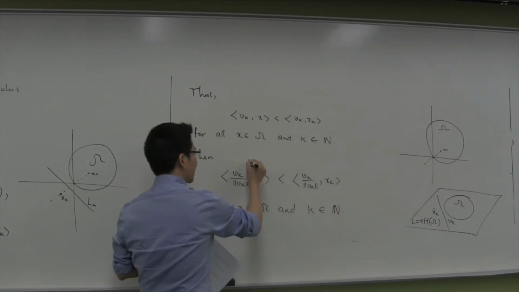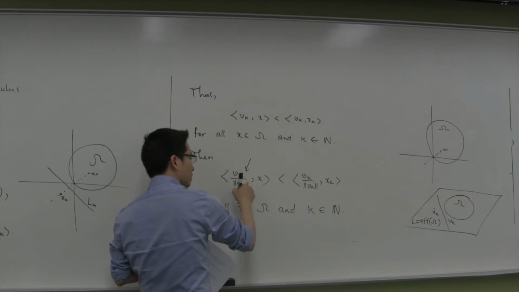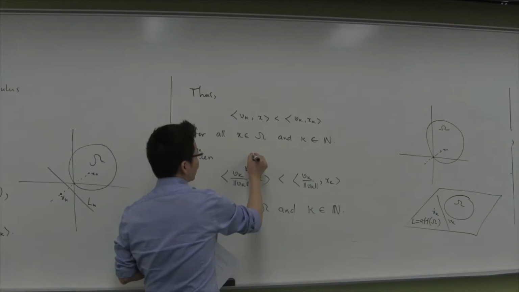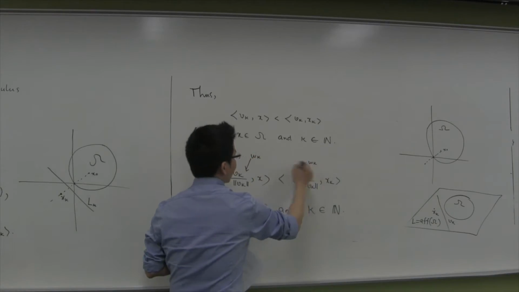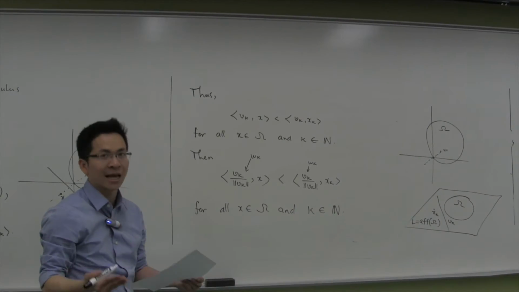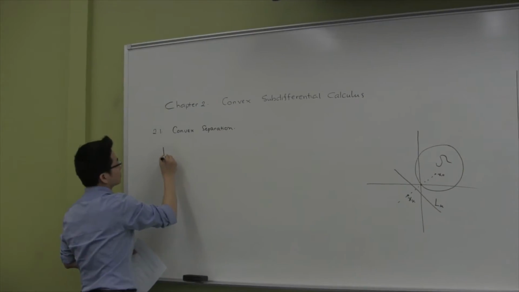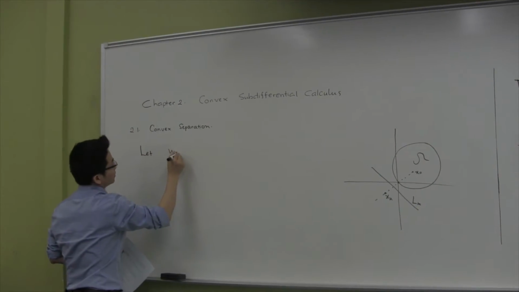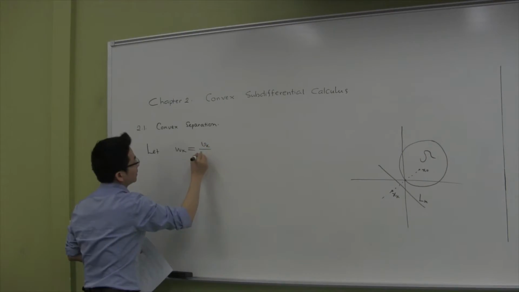And now we let Vk over the norm of Vk be Wk. Okay, then Wk is a unit vector. That means it has norm 1. Okay, now let Wk be Vk over norm of Vk.